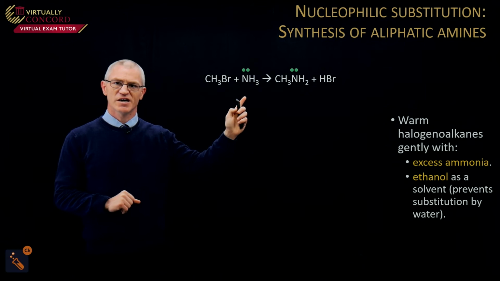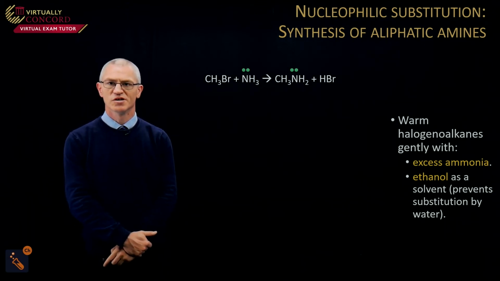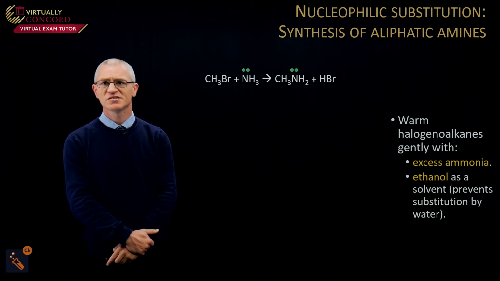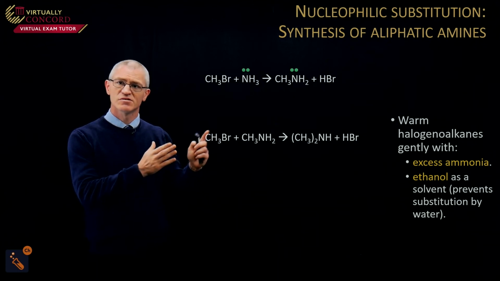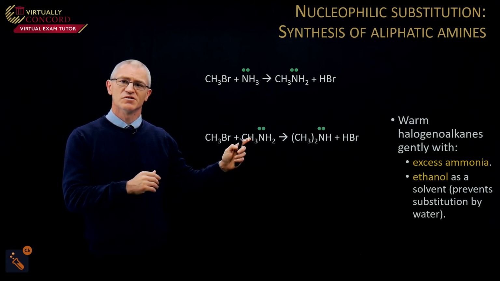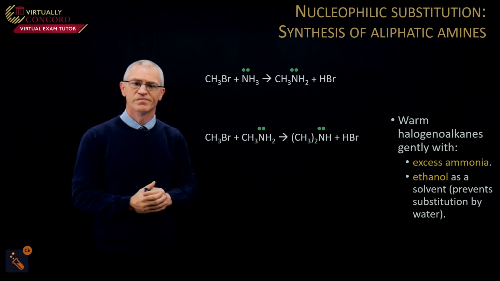Imagine your first reaction is your NH3 going to your primary amine. Our second reaction is then, if I've still got this CH3Br around, I've still got this one with my lone pair of electrons, which is going to do the same thing. It's going to bond in.